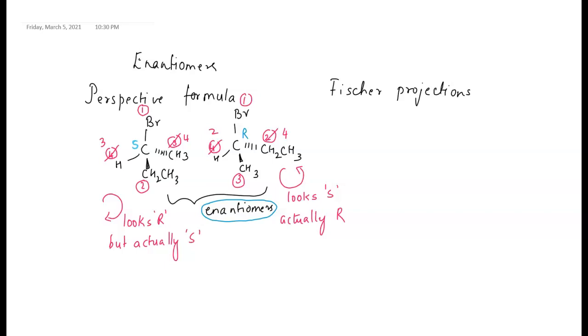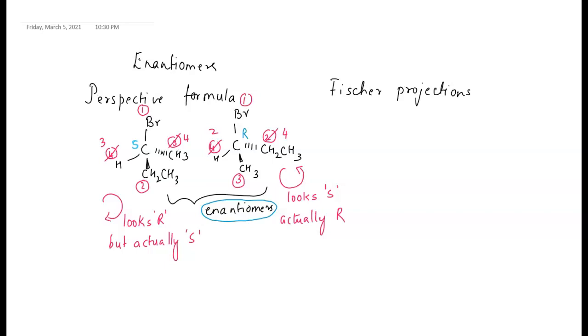Now there is another way of drawing molecules, and that is called a Fisher projection. It's a shortcut for a three-dimensional arrangement. We can draw a molecule in a Fisher projection with an asymmetric center.